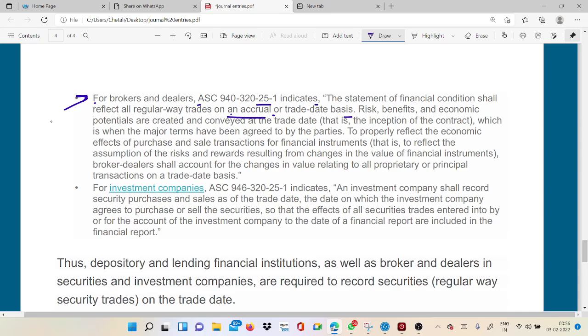A broker dealer shall account for the changes in the value relating to all the proprietary or financial transactions on a traded basis. So as we discussed, a broker and dealer follow the traded basis, just to avoid the risk from the transaction.